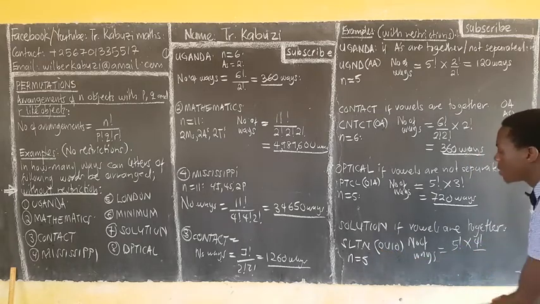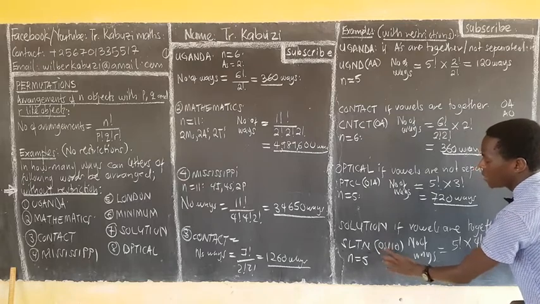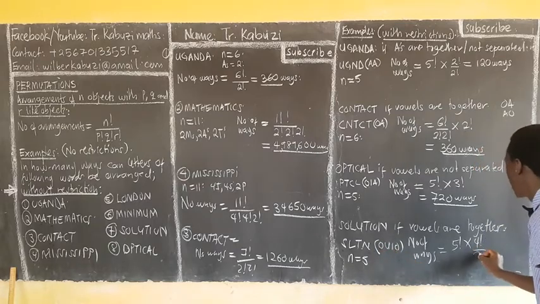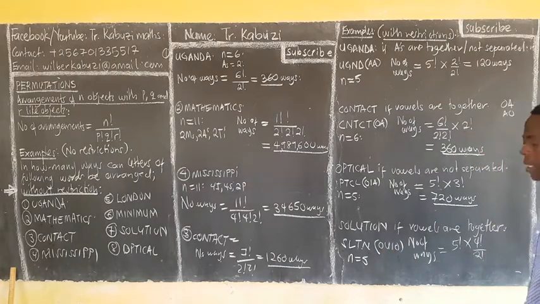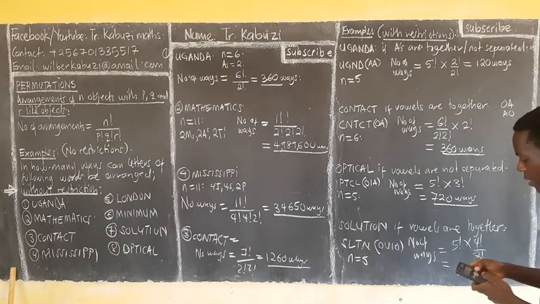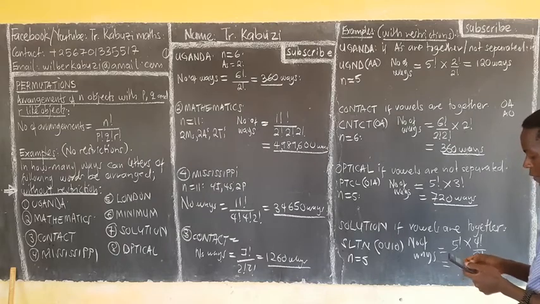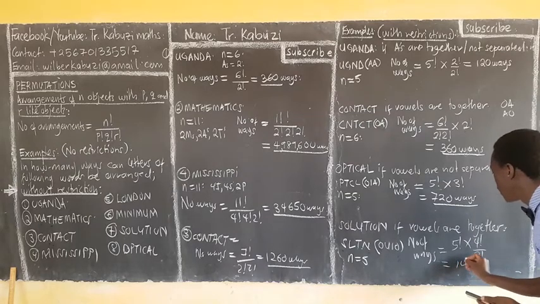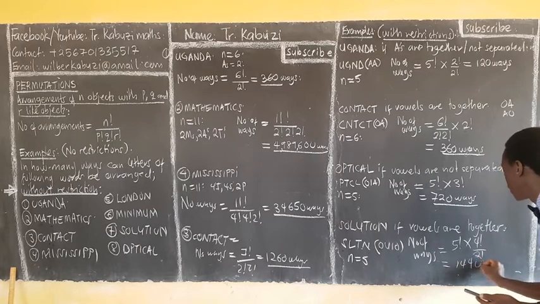But over, I'm seeing that here they are 2 which are repeating, over 2 factorial. Then from here, you just press your calculator and you say 5 shift factorial, then times. So here the answer I have is 440 ways.